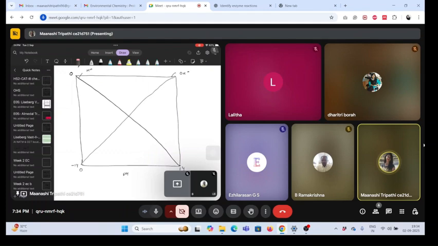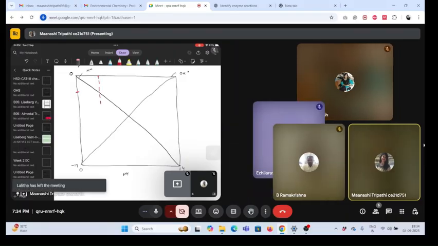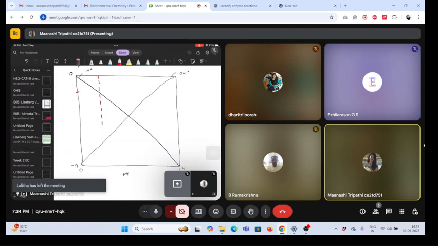Now, here comes the trick. First we will plot HA, then we will plot A negative. I will use some other color so it becomes easier. Let's first plot pKa. Let this point be pKa.